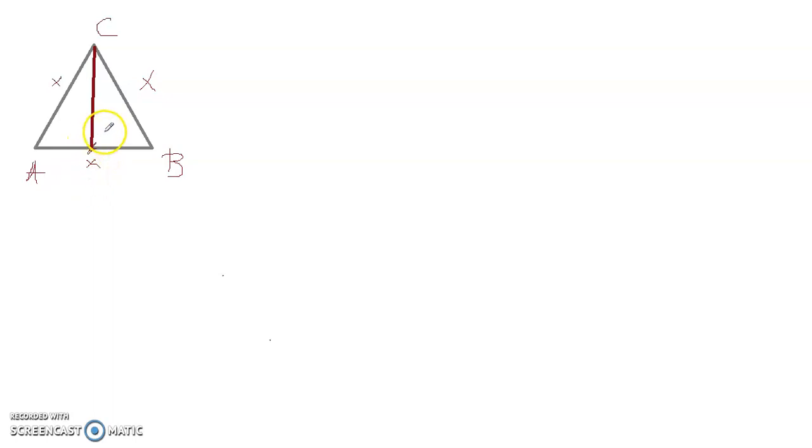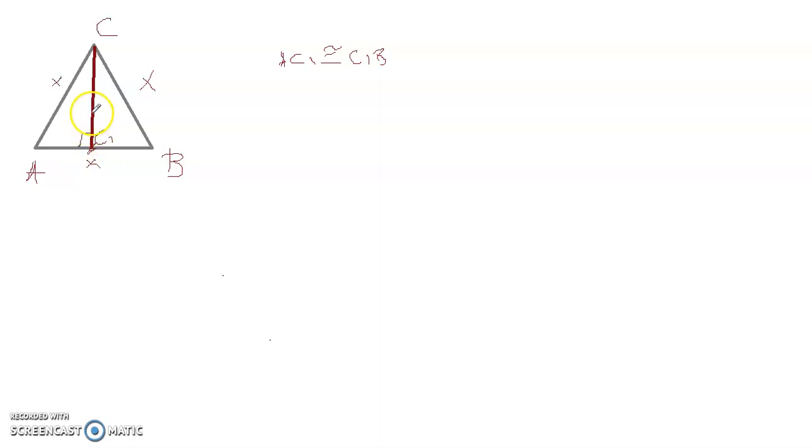So if we denote this point by C1, we know that AC1 is congruent to segment C1B. We will denote the right angle here.